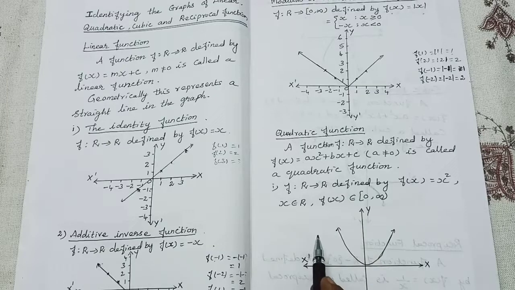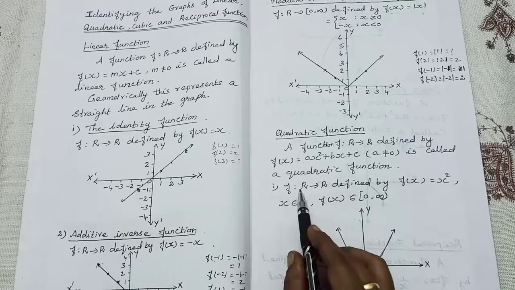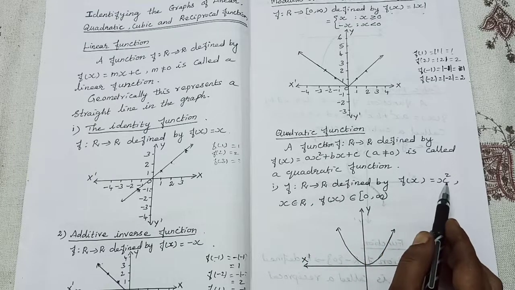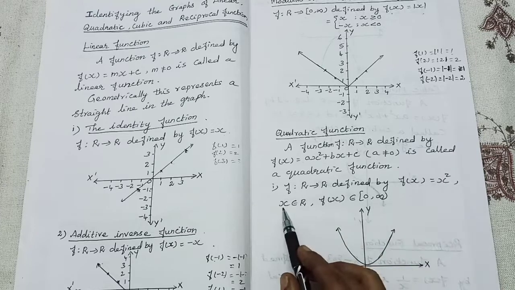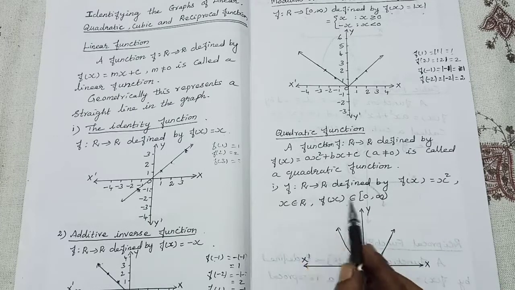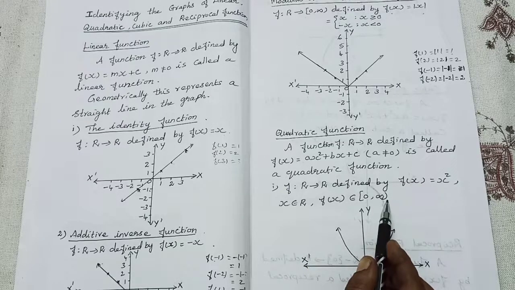This one we can mention in two ways. First one, f from R to R defined by f of x is equal to x square, where x belongs to the real numbers and f of x belongs to [0, infinity).